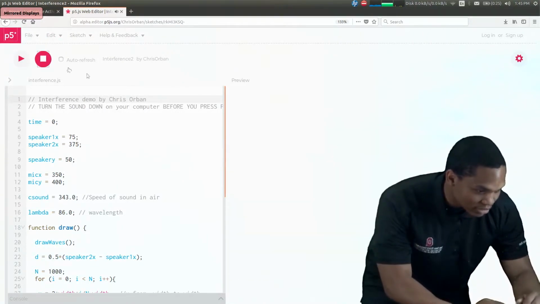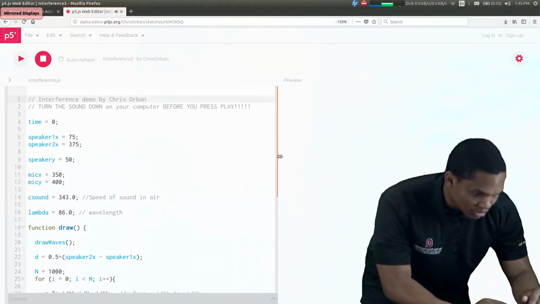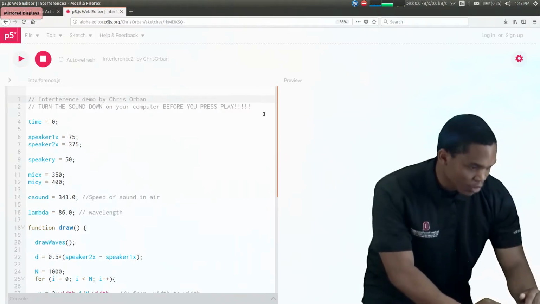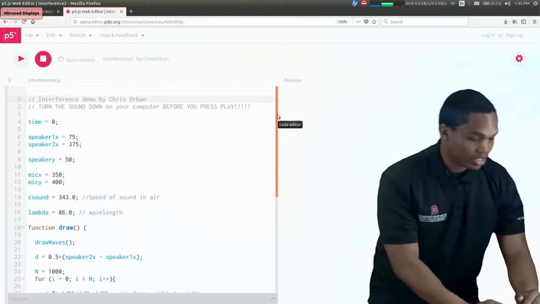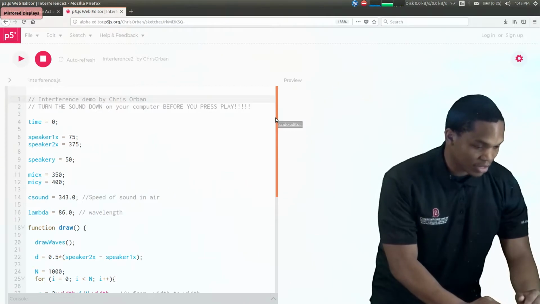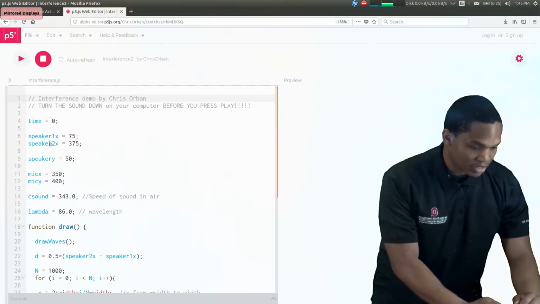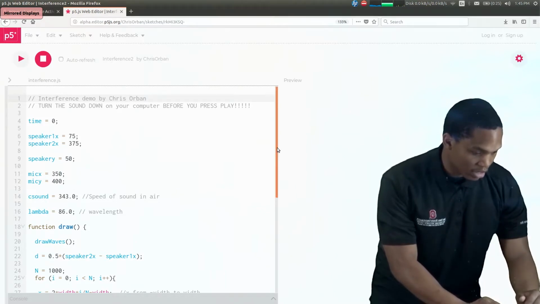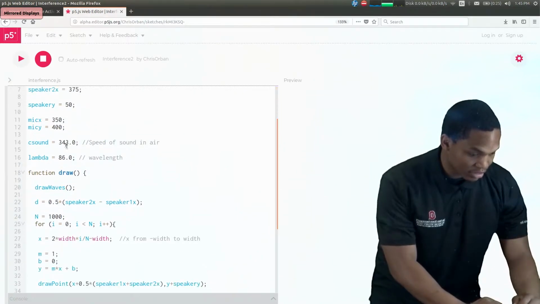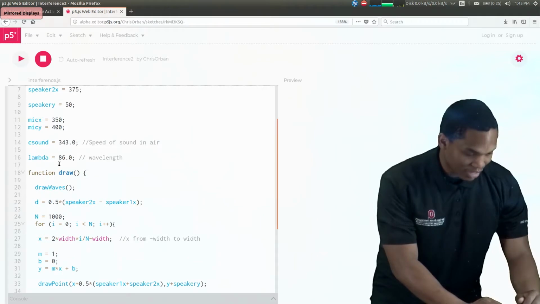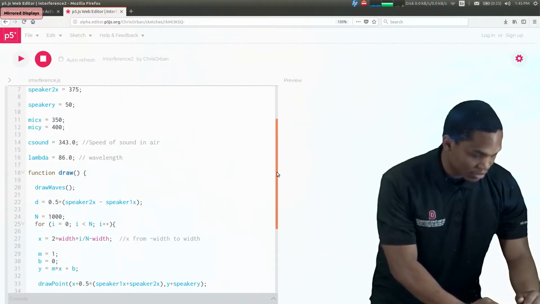Let's pause this and get some more working space. Before we start putting things in the editor, let's talk about some of the variables. We got the position of the speakers, the position of the mic, and our speed of sound right there. And we got our lambda, okay? Really just that lambda we're going to use a little bit in this video.